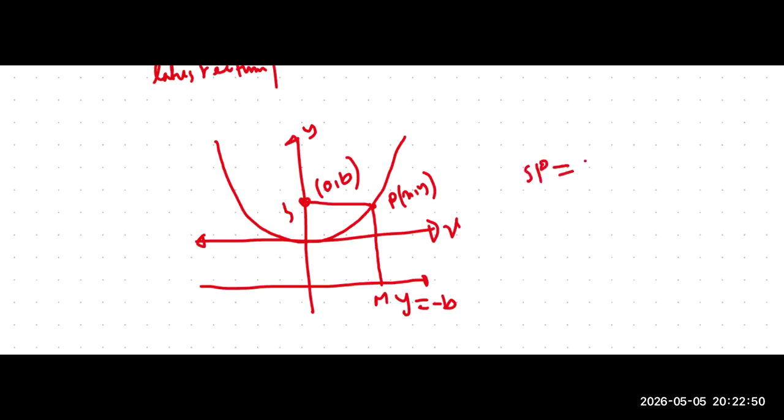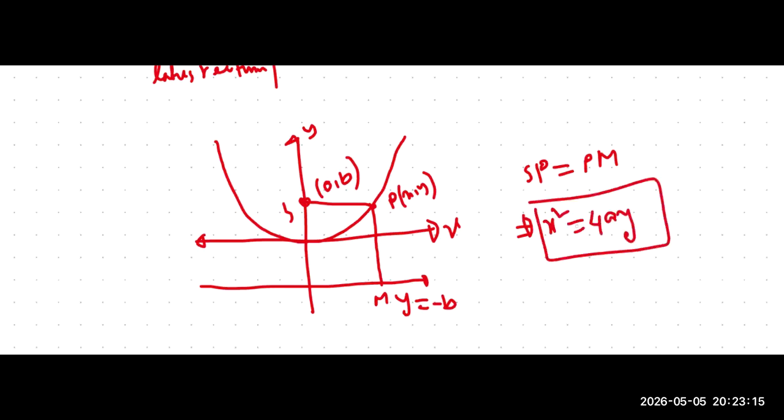SP is the distance from S (0, b) to P (x, y), and PM is the perpendicular distance from P (x, y) to the directrix line. If you solve this equation, the ultimate answer will be x square is equal to 4ay.